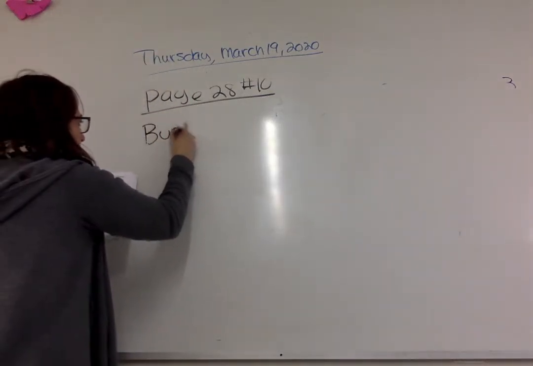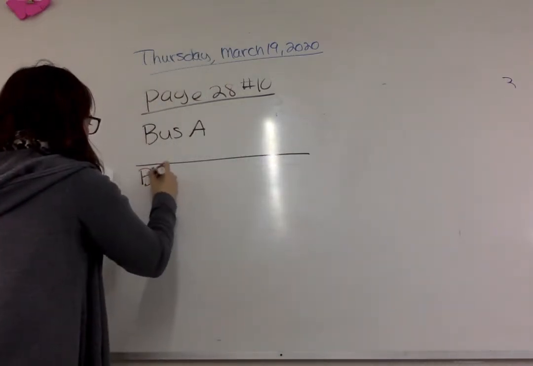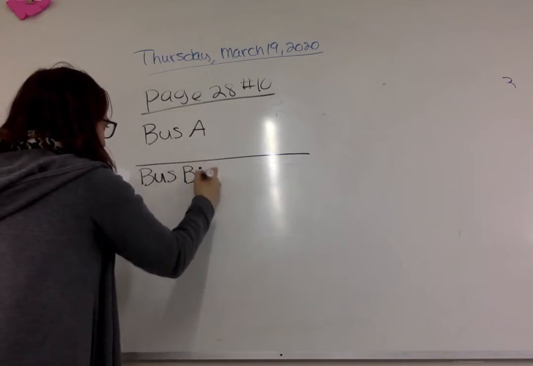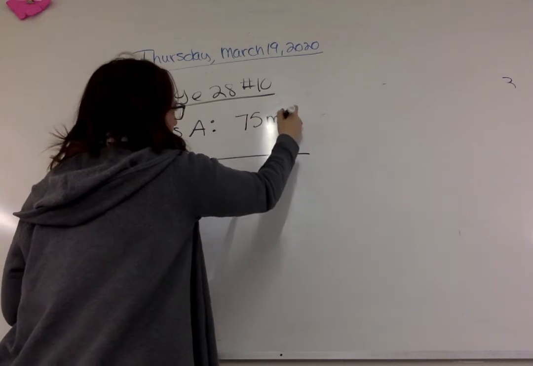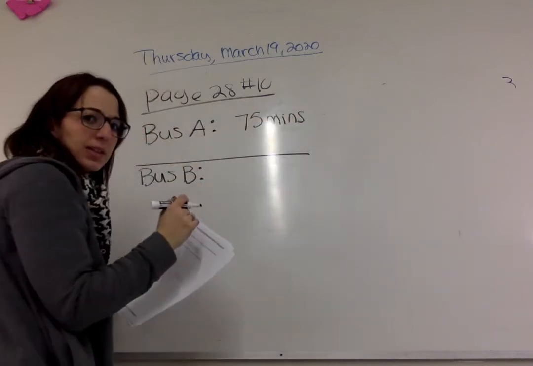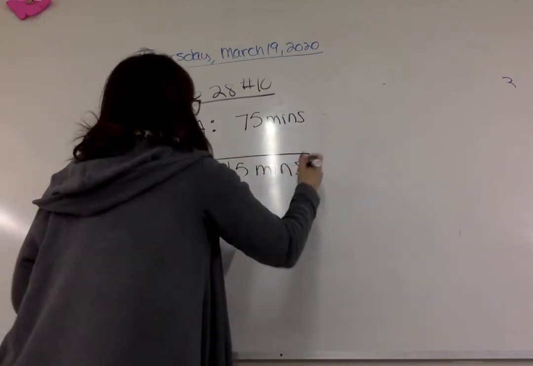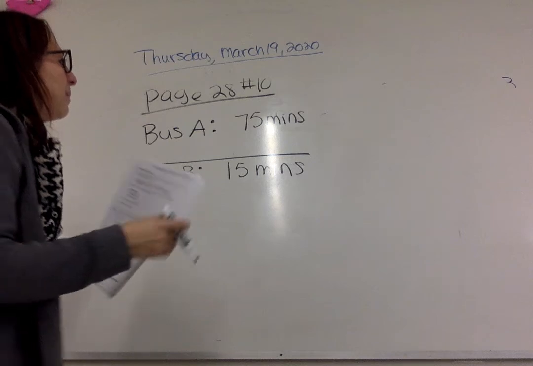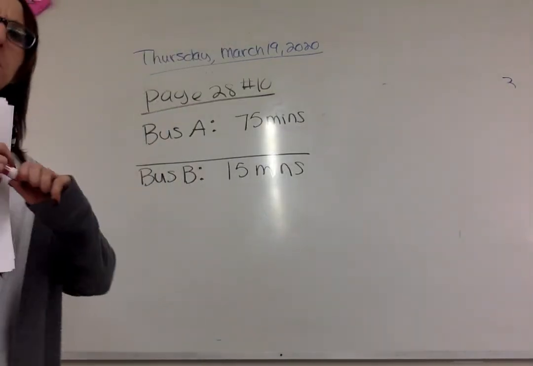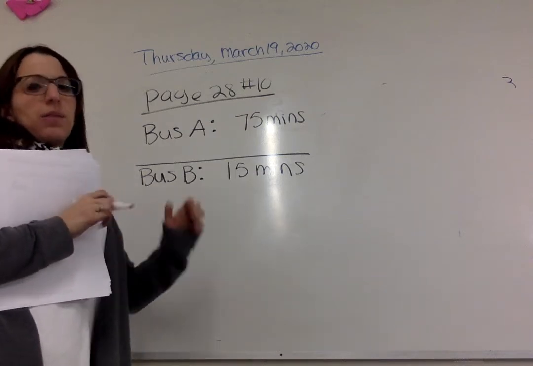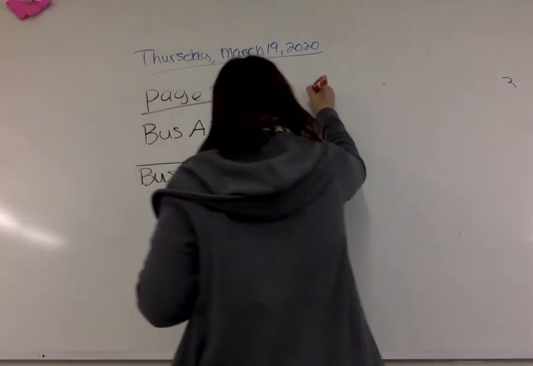Bus A and bus B. It says bus A arrives every 75 minutes, and bus B arrives every 15 minutes. They want to know when they will be together at the same bus stop at the same time.